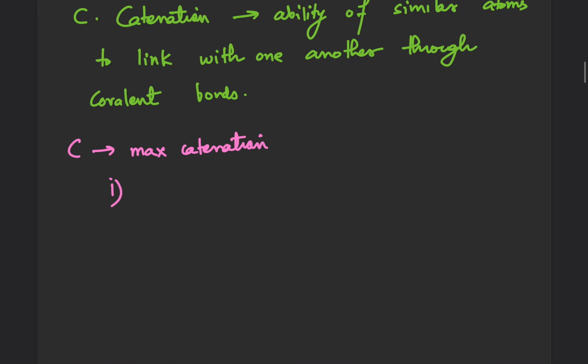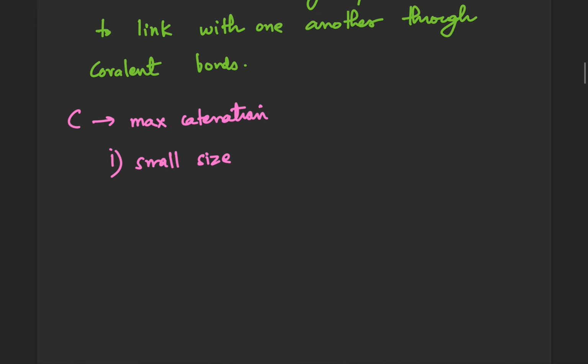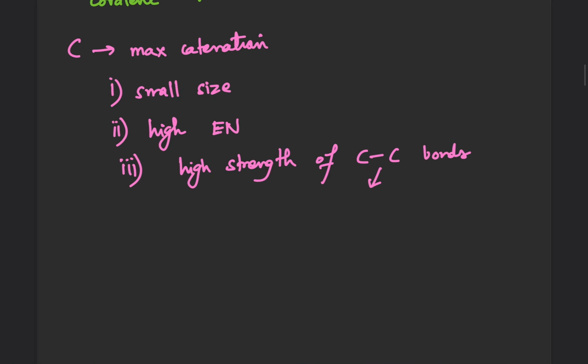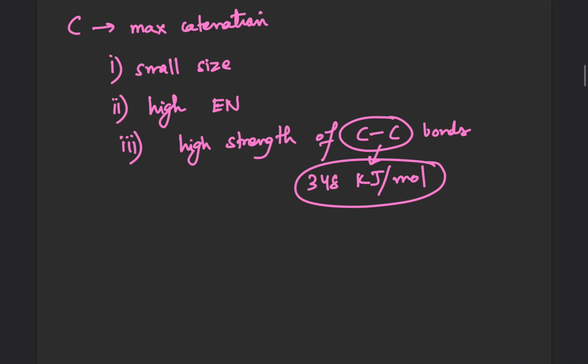So the reason first is small size, belongs to the second period. Then it has very high electronegativity compared to the other members. And the third reason is high strength of C-C bonds. To be specific, this is 348 kilojoules per mole. That means this much amount of energy is required to break such C-C bonds. Okay, so therefore, because of these three reasons, it forms long, straight, or branched carbon-carbon chains or rings of different size and shape.